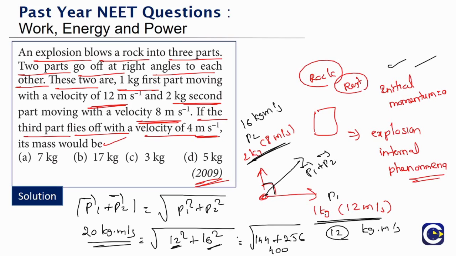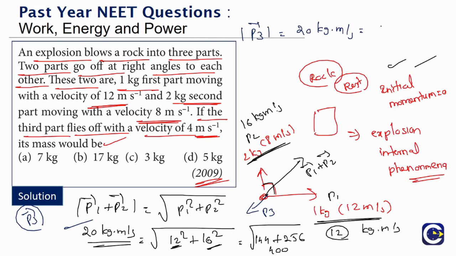Now the third part should fly in such a way that P3 magnitude should be 20 kg meter per second, but the direction should be exactly opposite. So when you add all three, they will become 0. Which means the P3 magnitude should be equal to 20 kg meter per second.